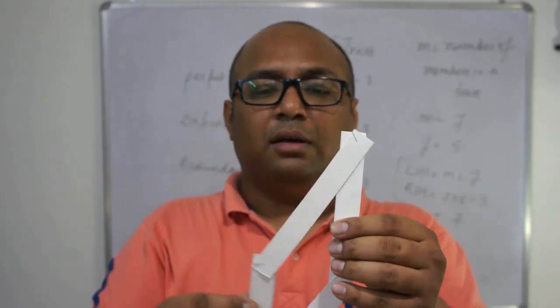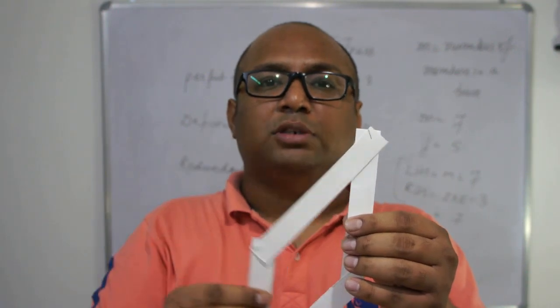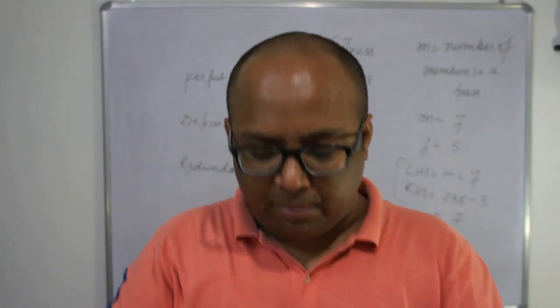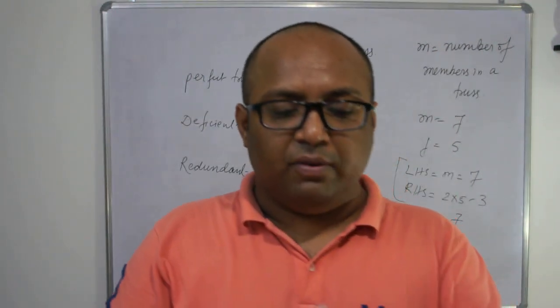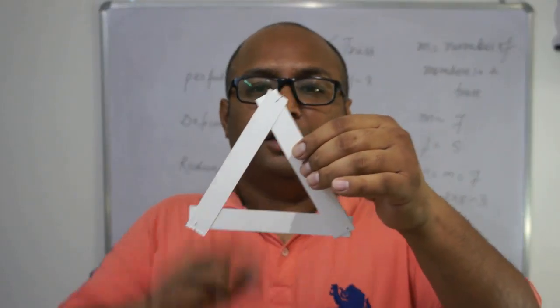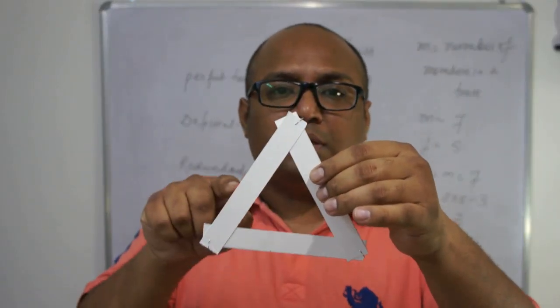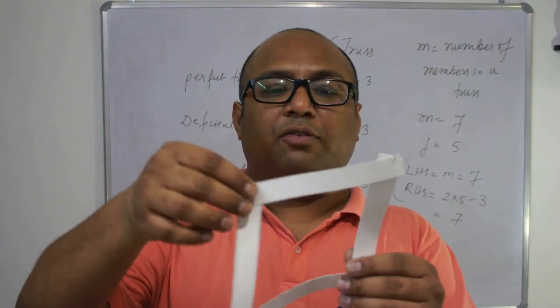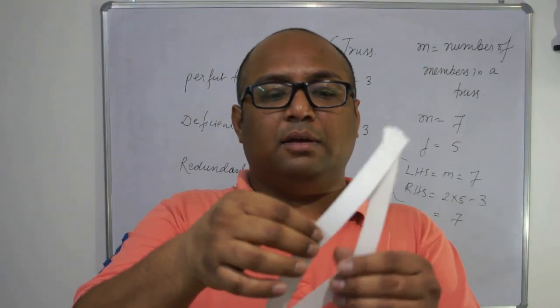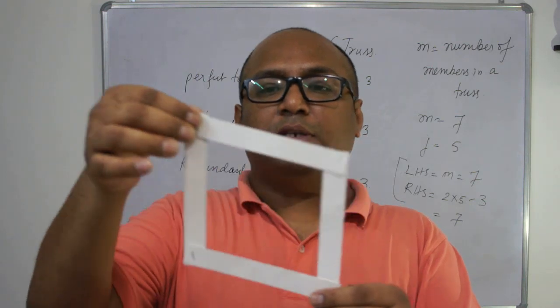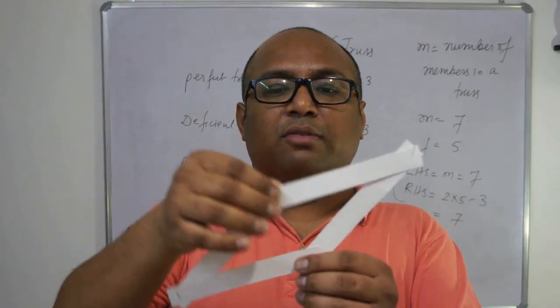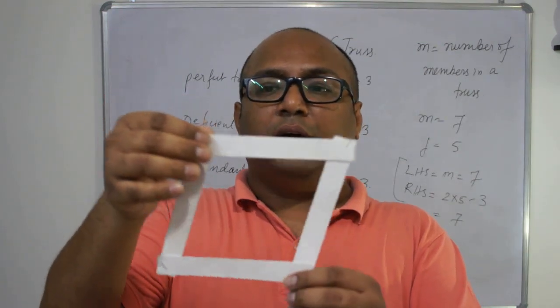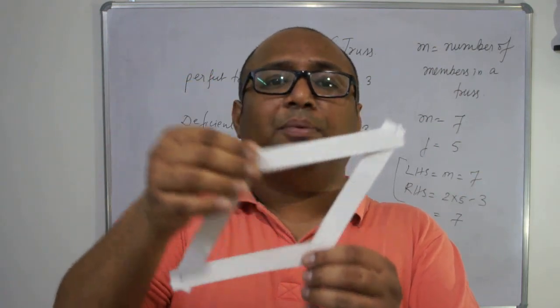This doesn't happen over here. Even if I am holding one, there is no relative motion. But here, if you apply a force, deformation will happen. I am holding this one, deformation is happening. Because of the application of load, the truss collapses.